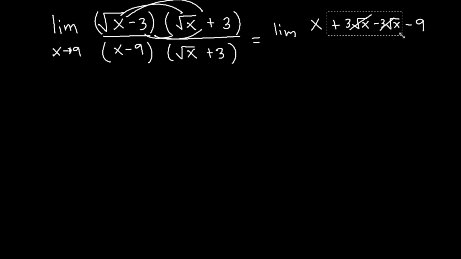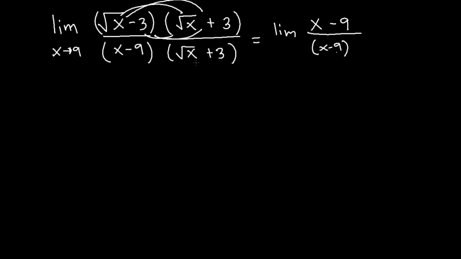That's using the FOIL method, but if you know that the conjugate just has 0 in the middle, you can go straight to it. So x minus 9 over x minus 9 times, don't multiply these two, just leave square root of x plus 3, as x approaches 9.